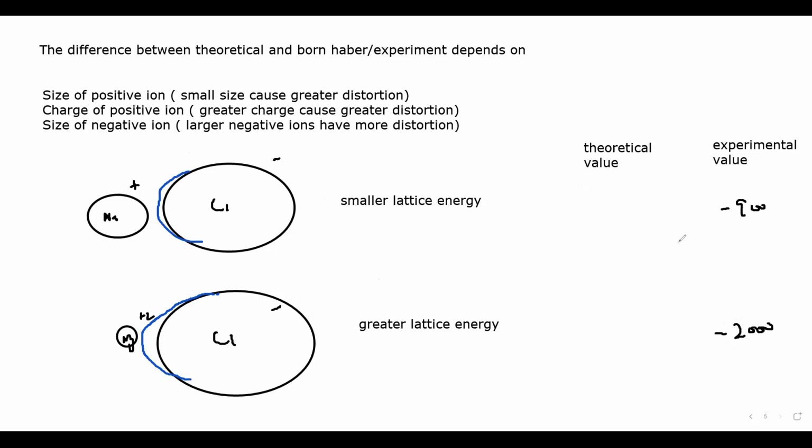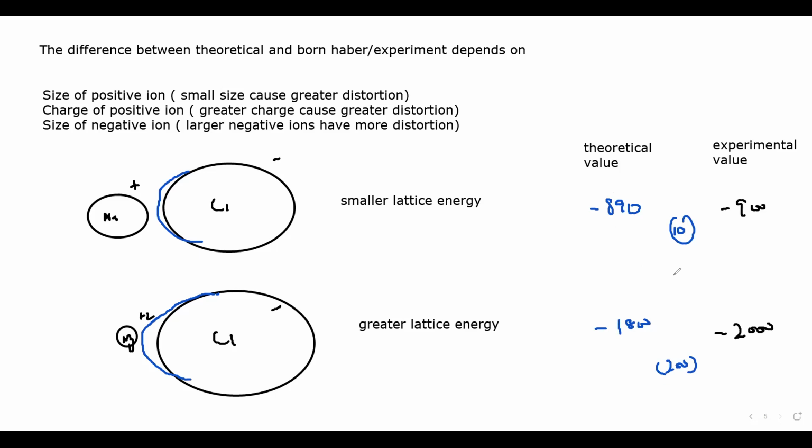Greater distortion means greater difference in the theoretical and experimental value. So maybe that is minus 1800. So the difference in the value is 200, whereas sodium chloride will have minus 890, so the difference is only 10.